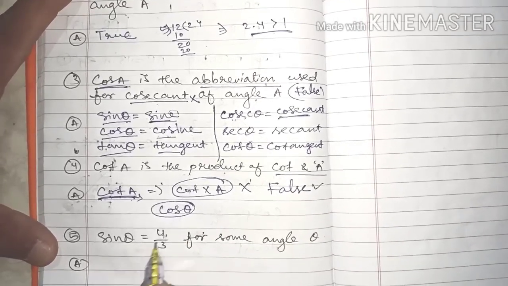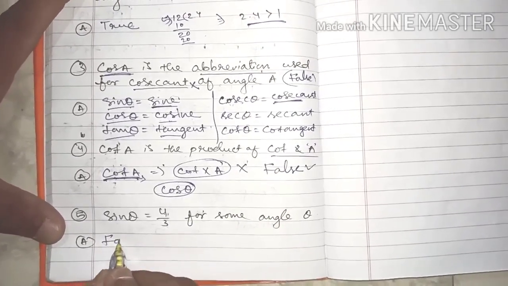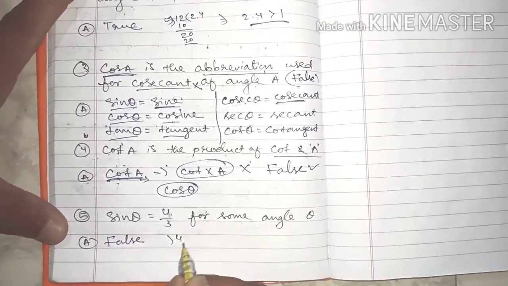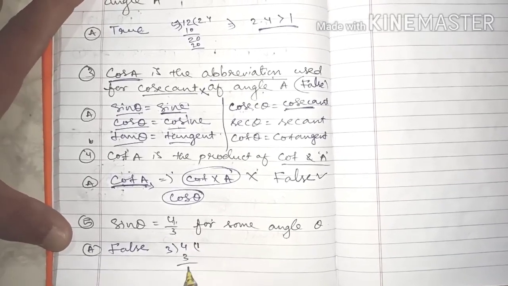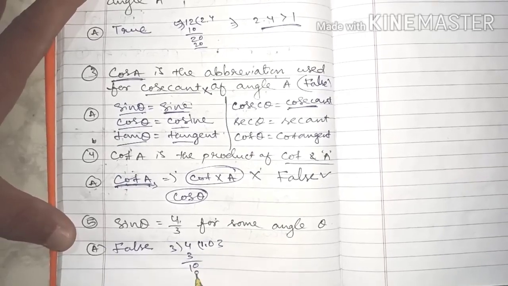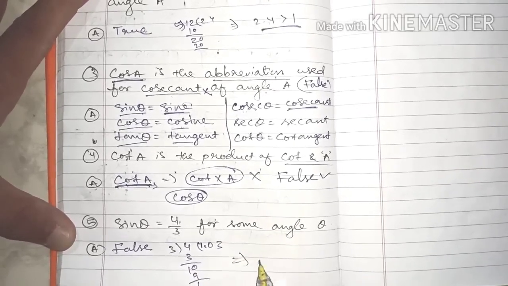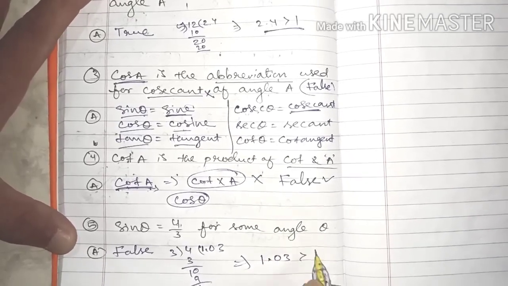Fifth question: sin theta is 4/3 for some angle theta. This is false, because if I divide 4 by 3, 3 ones are 3, 1, 0, 10, 3 3s are 9, 1. It will repeat. The value of 4/3 is 1.33, which is greater than 1.